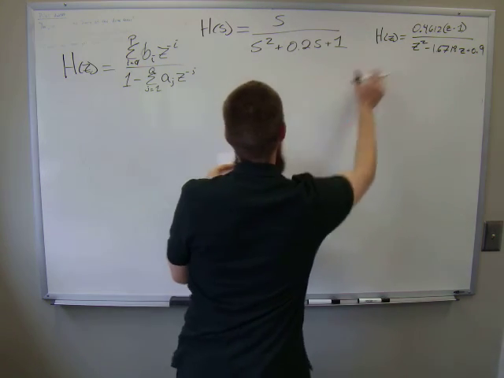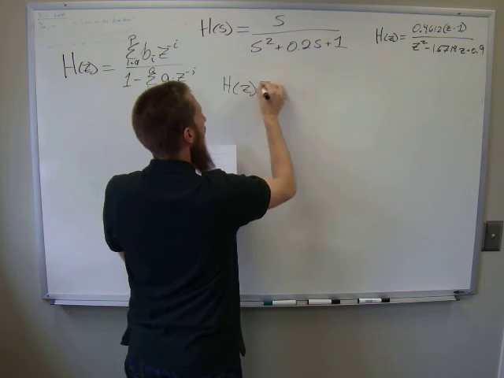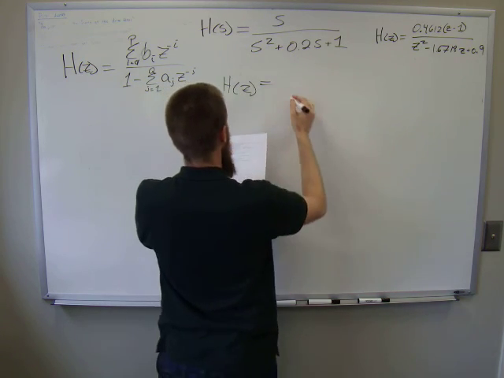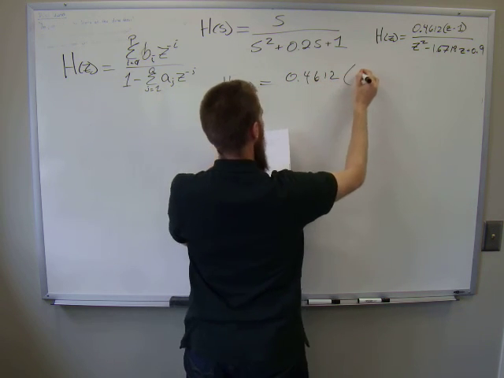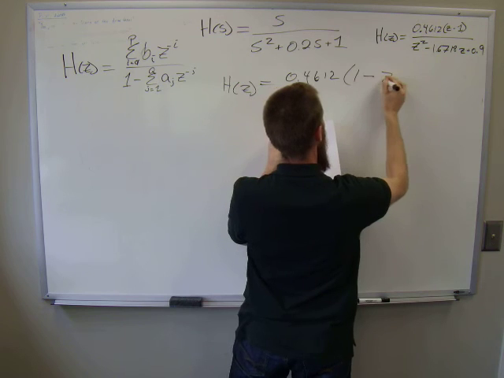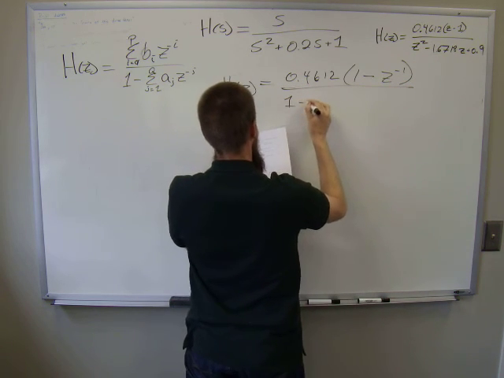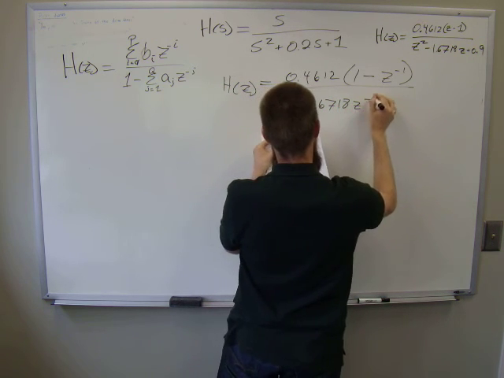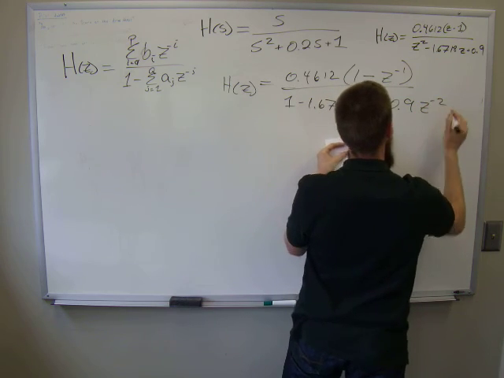So if we rewrite this thing in terms of the negative z powers, without changing it, we're just factoring out a z. This turns into 0.4612 times 1 minus z to the minus 1, divided by 1 minus 1.6718 z to the minus 1 plus 0.9 z to the minus 2.